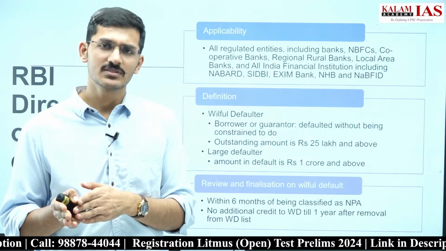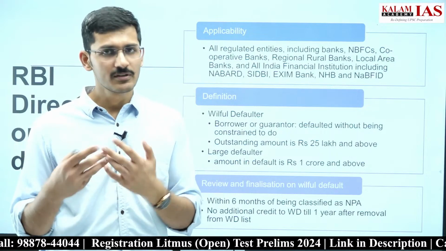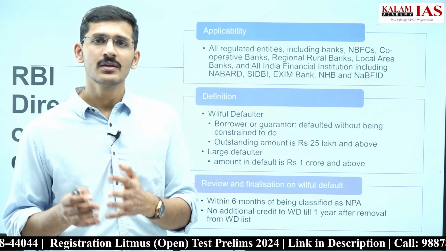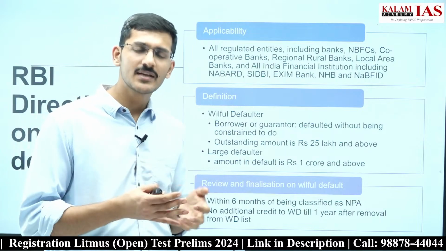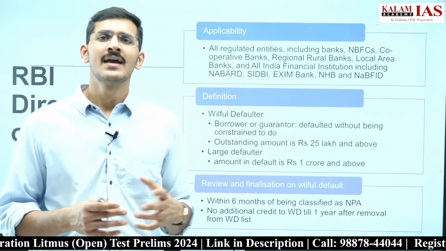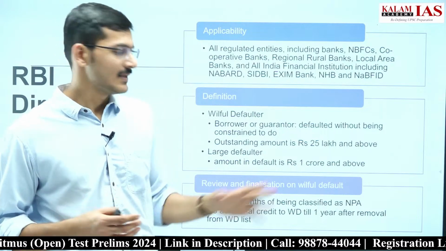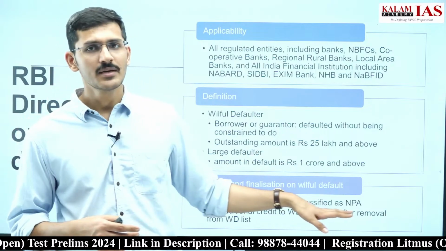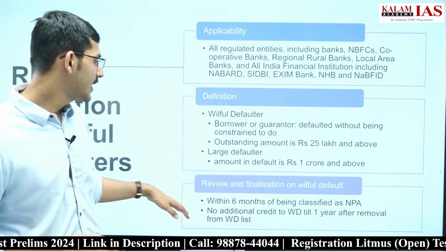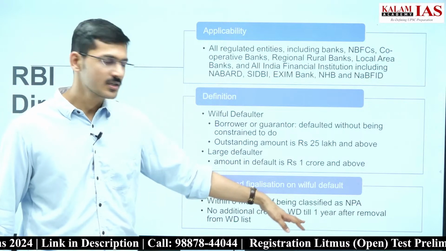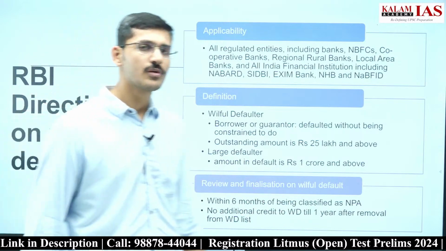If that person has financial constraints, then the bank will not classify that person as a willful defaulter. But if that person has remained in non-performing assets for more than 6 months and is not paying willfully, then the bank can classify that person as a willful defaulter, and no additional credit is given to a willful defaulter till 1 year after removal from the willful defaulter list.